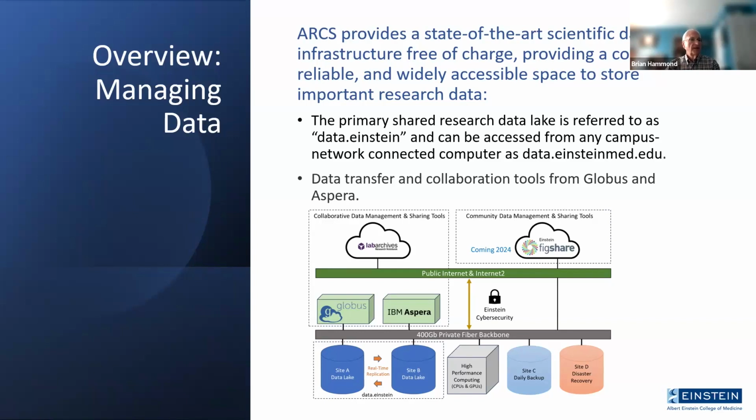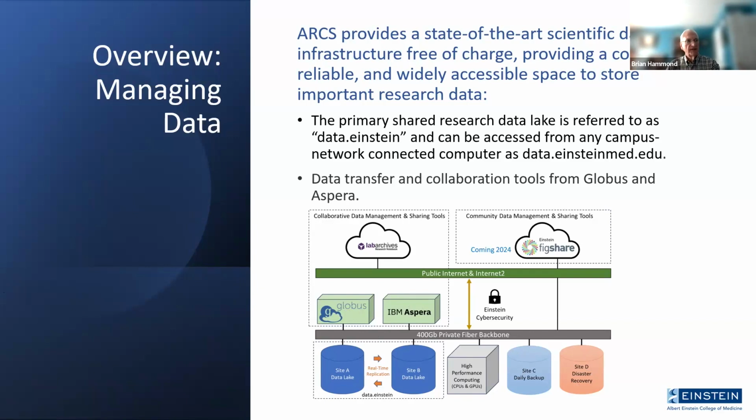So that is basically everything down here at the bottom. It's a very robust system. It has very high performance connections to the HPC cluster through this private fiber backbone. In addition to that, we also have ways that you can share, either using Globus or Aspera.